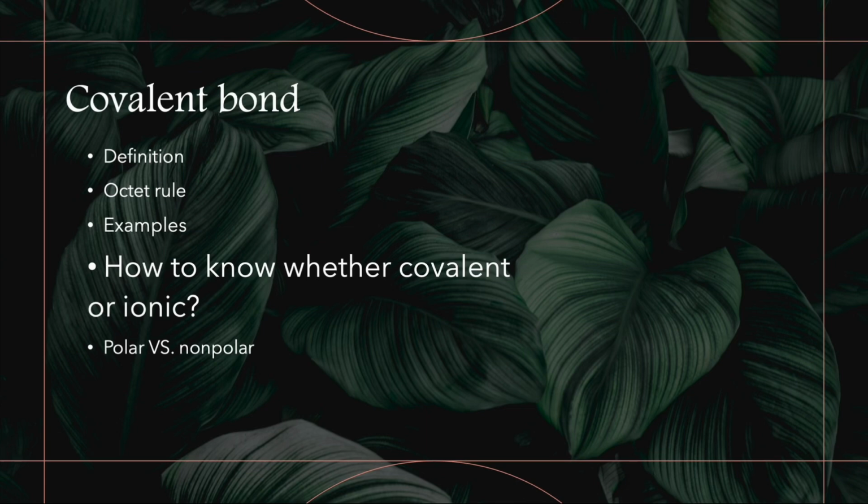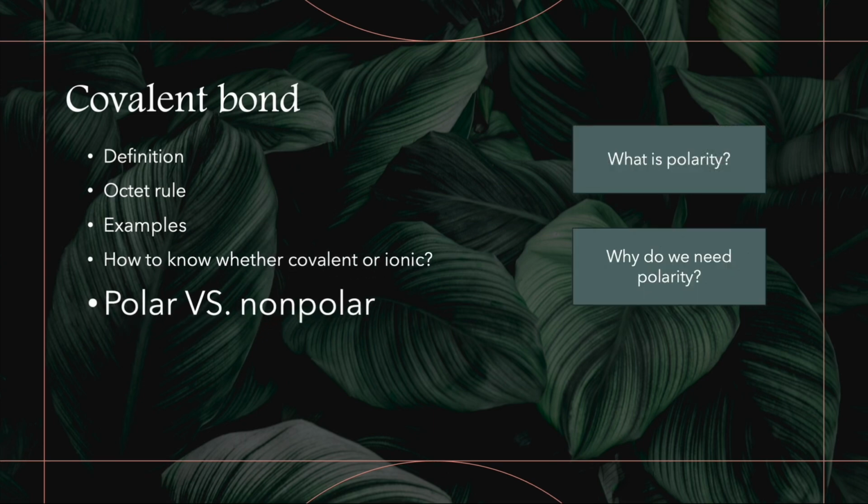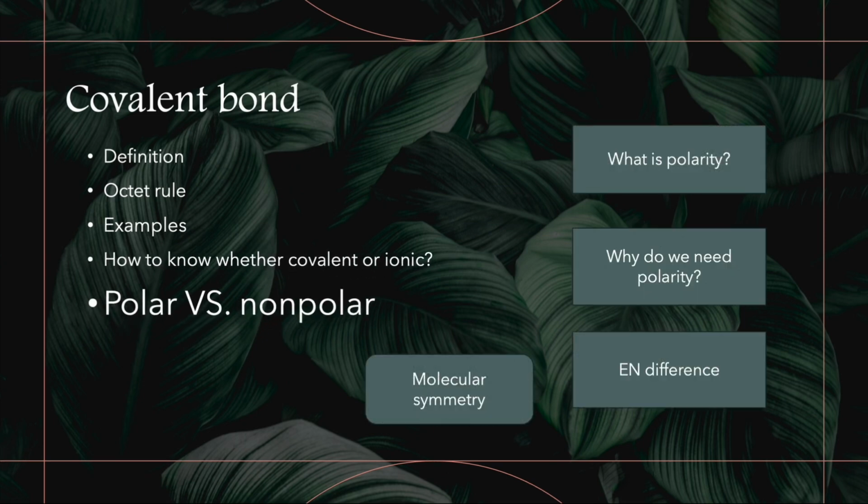Also, there's the concept of polarity. So, if we have a polar covalent bond or a nonpolar covalent bond. So, what is polarity? Polarity refers to the distribution of electric charge within a molecule, which determines the molecule's overall electrical properties.